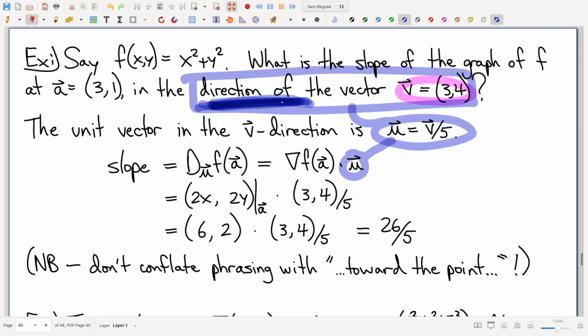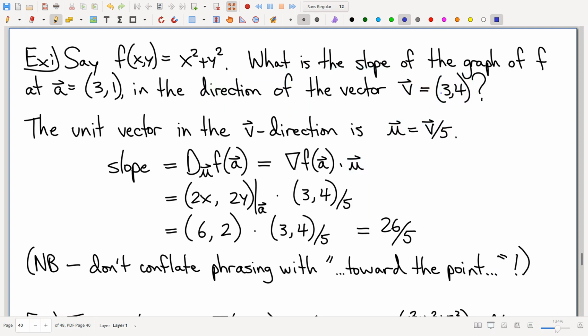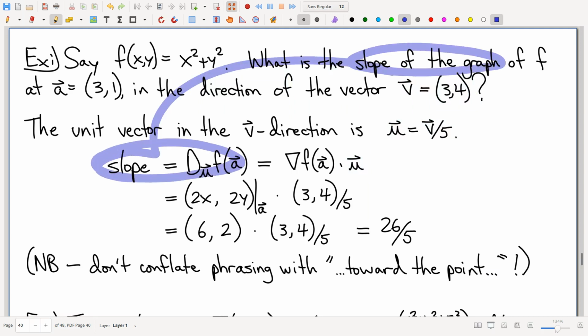We agreed we wanted to compute slope of the graph and that is a directional derivative. Don't forget we have this handy formula for computing directional derivatives. So compute your gradient, dot it with your unit vector, multiply out the arithmetic. That's all details. Works out to be this. Everybody all right?